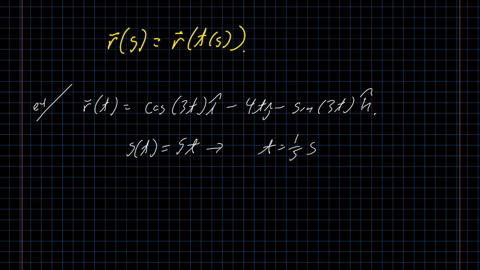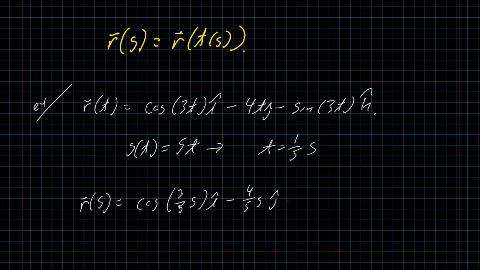And so I can write that r of s is equal to r of t of s, which is going to be the cosine of 3/5 s i minus 4/5 s j minus sine of 3/5 s k.